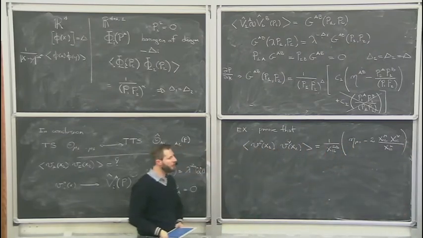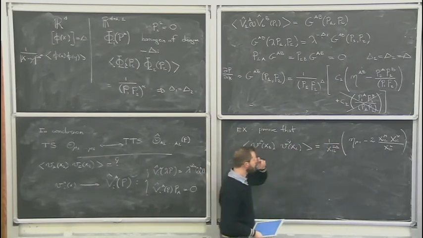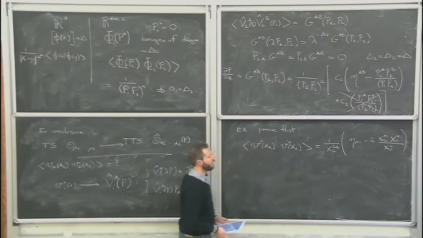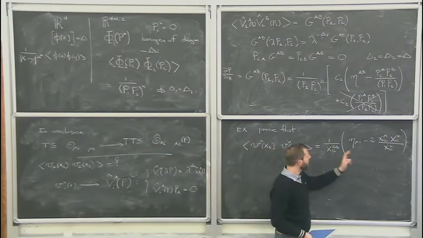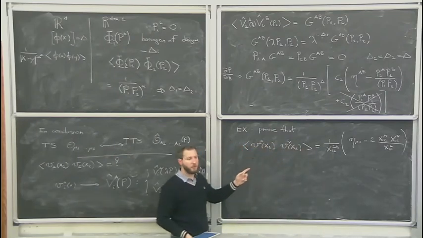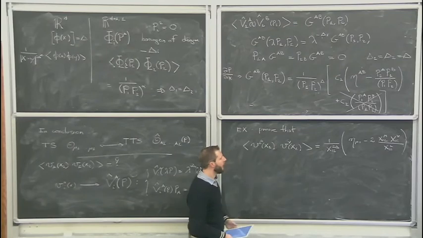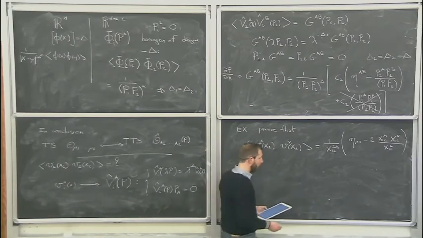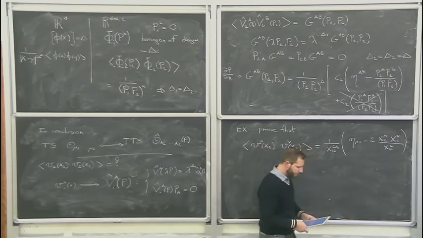It's not horrible, but still it would be very hard to obtain this equation directly. As an exercise, you can try to generalize this result to a correlation function of operators with L indices, and you will see that this combination always appears.